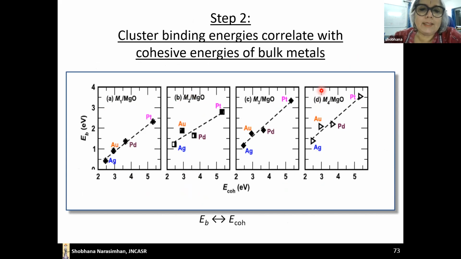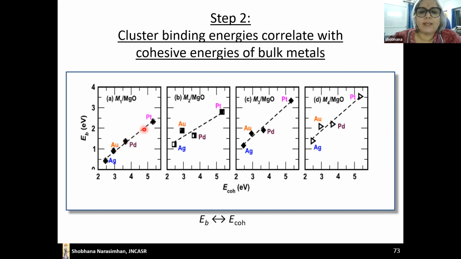Now let's go to the second step. The cluster binding energies correlate with the cohesive energies of the bulk metals. This seems quite reasonable. You break some bonds in going from the bulk to the cluster, and then it wants to compensate for those missing bonds by making bonds within the cluster and from the cluster to the surface, and it will make them stronger depending on how strong the initial bonds were.